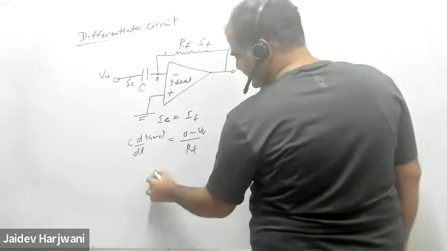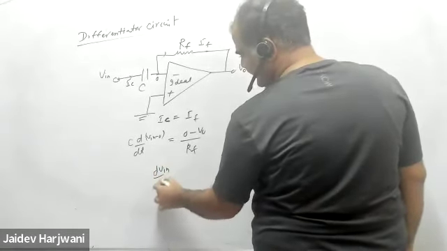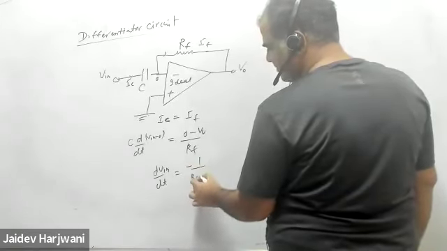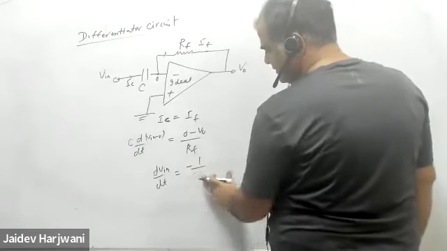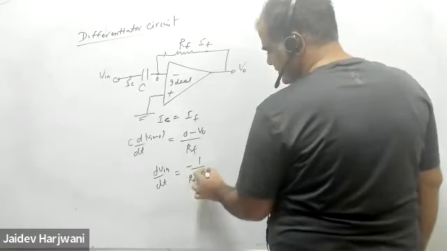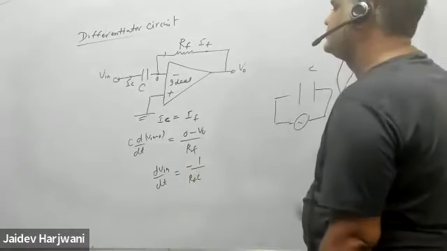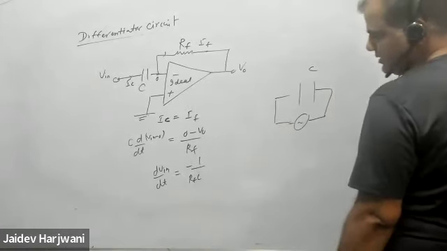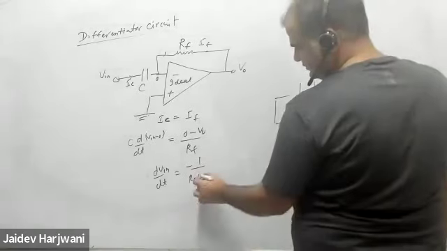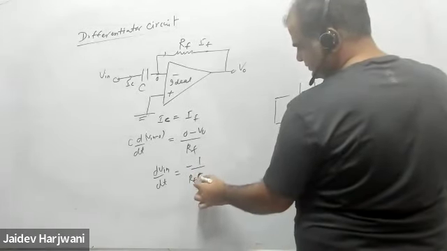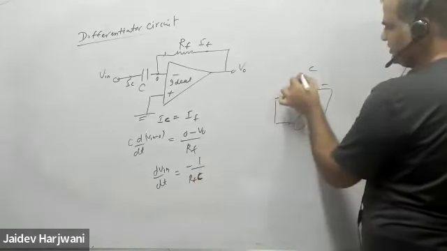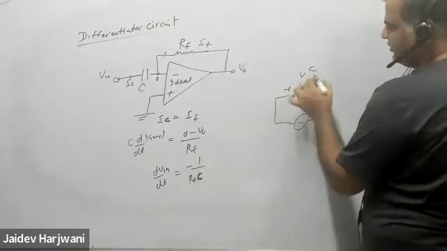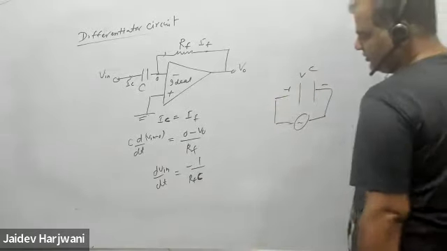So this will be now dVin by dt will be what, your minus RF by C. If this voltage difference is V, then we write C dV by dt, and voltage difference is Vin minus 0, Vin, okay.